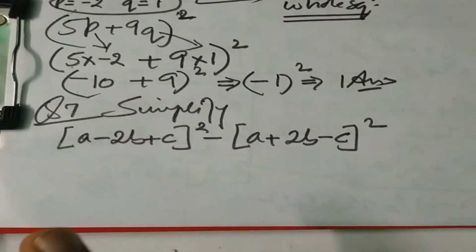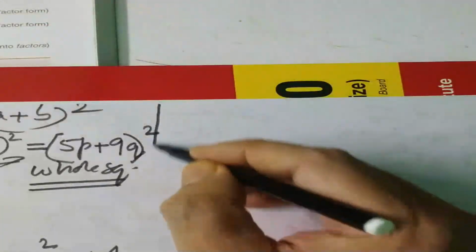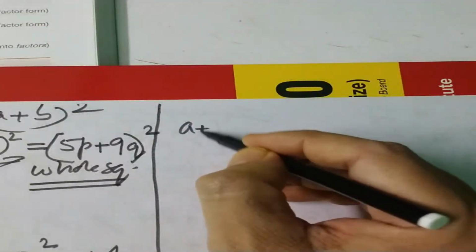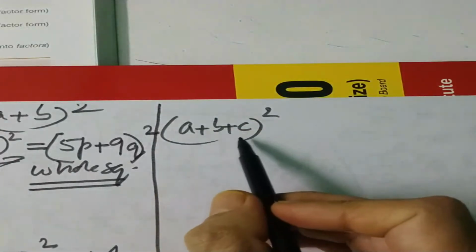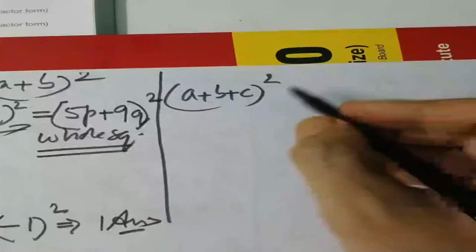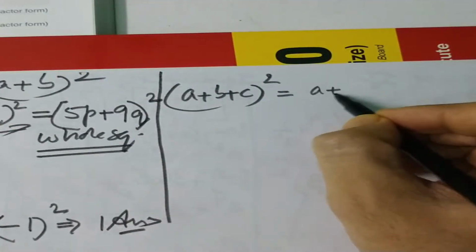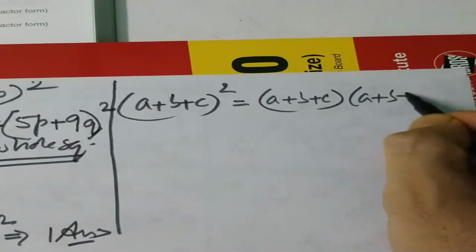Now this is the fifth formula, where we have to solve this term, and that formula is (a plus b plus c) square. This is a formula, and formulas are just made by multiplying. a plus b plus c means what? a plus b plus c multiplied by a plus b plus c.